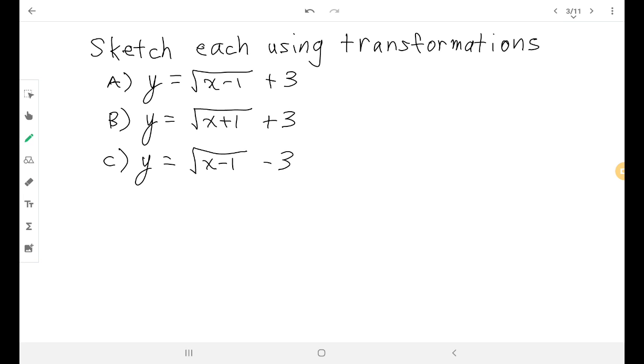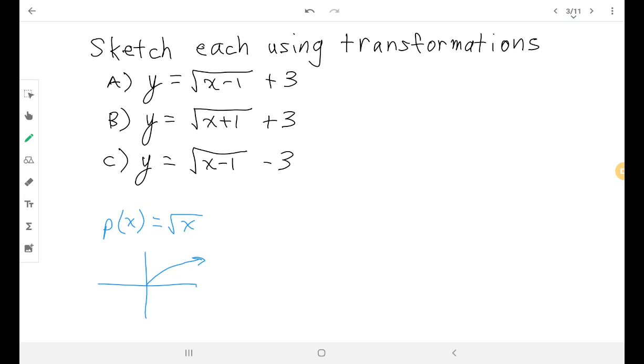So let's look at these problems here, and let's start with A. And what I want to do is remind you that the parent function for these square root functions is p of x equals square root of x, and it looks kind of like that. Okay?